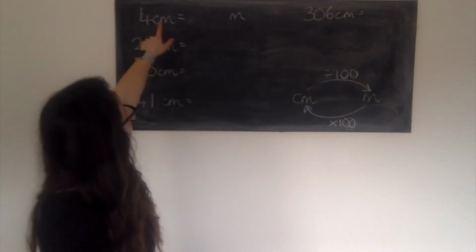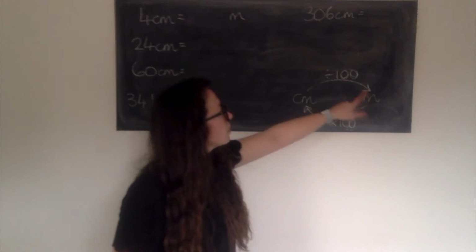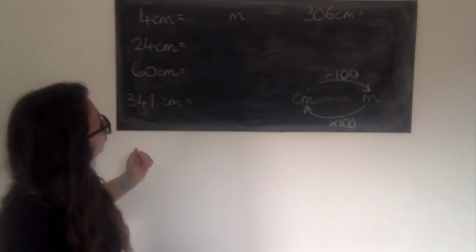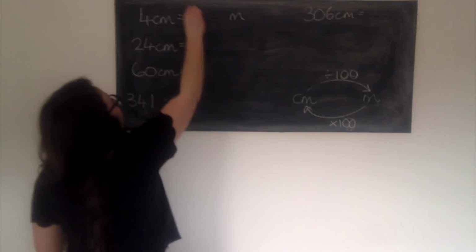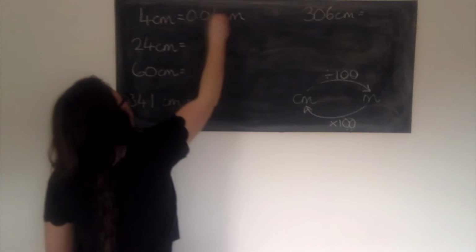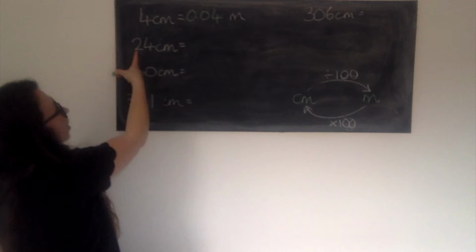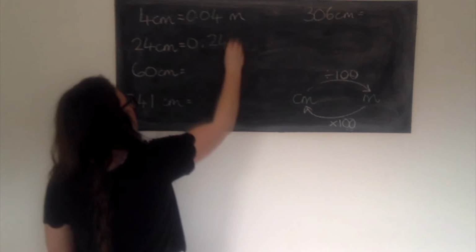Remember, we are converting from centimetres to metres. So centimetres to metres, I need to divide by 100. So that's 2 places to the right. 4 centimetres is the same as 0.04 metres. 24 centimetres, so this time I've got a tens, 0.24 metres.